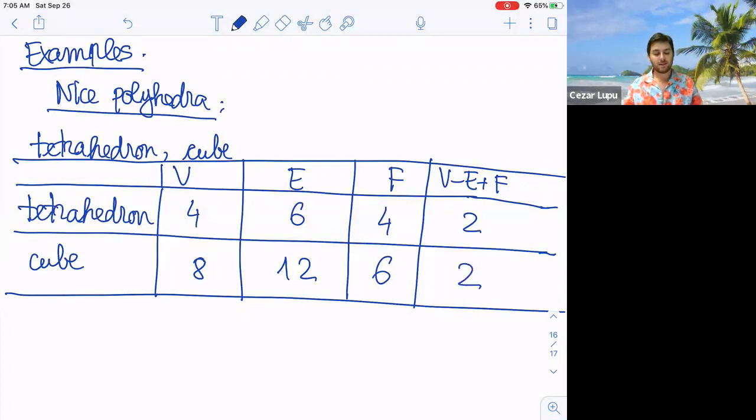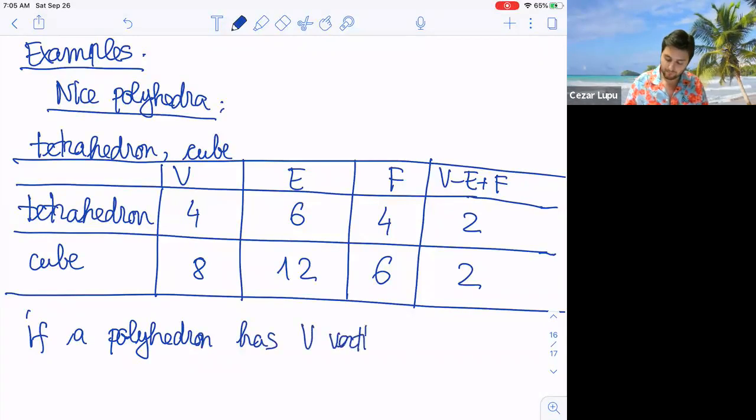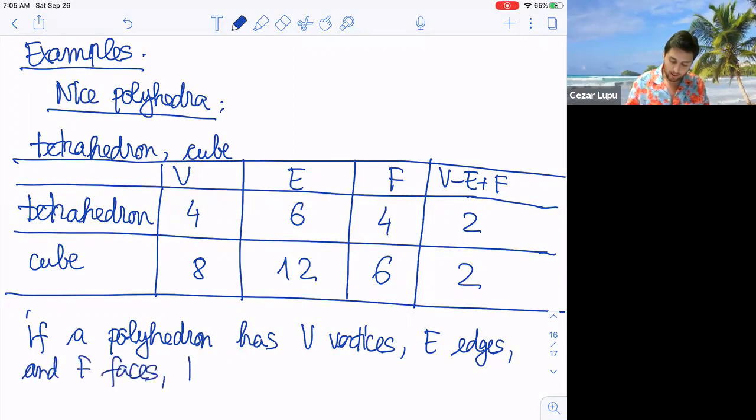So as you can see, Euler's formula in this case says if a polyhedron has V vertices, E edges, and F faces, then guess what?